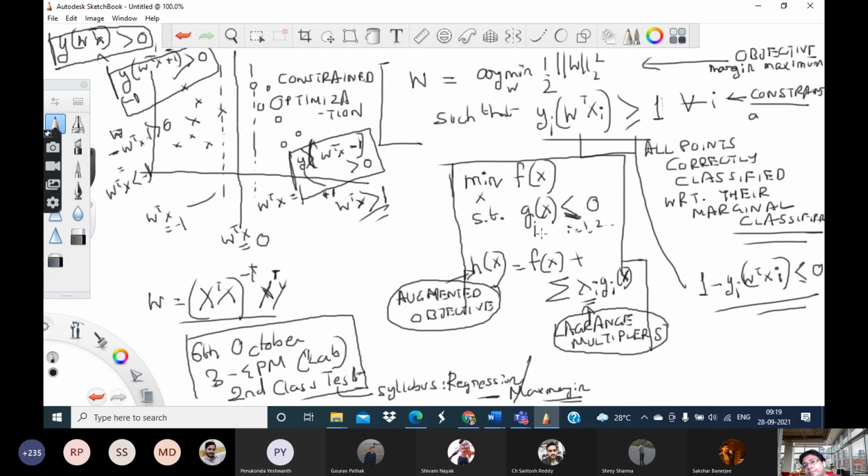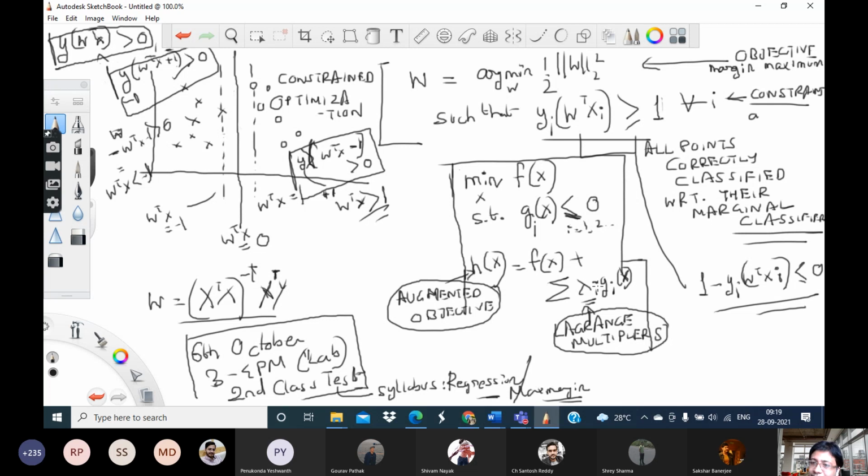That means I may have to make some adjustments or compromises with some of the constraints, but I will try to strike a balance between all of these. So even if a small number of constraints are actually violated, we can still ensure that most of the constraints are going to be satisfied.